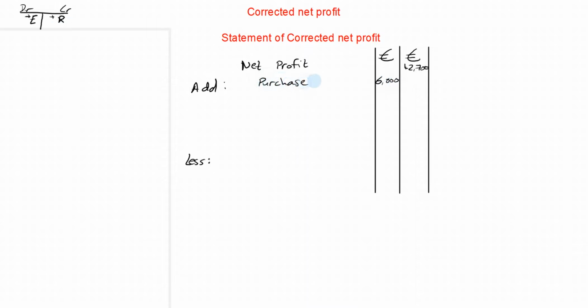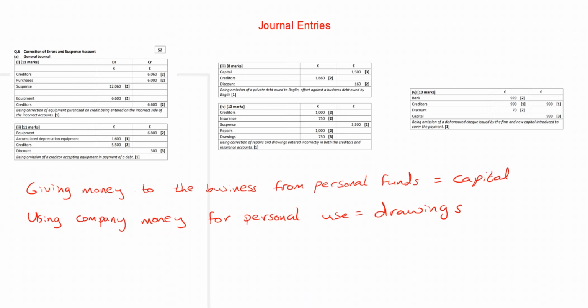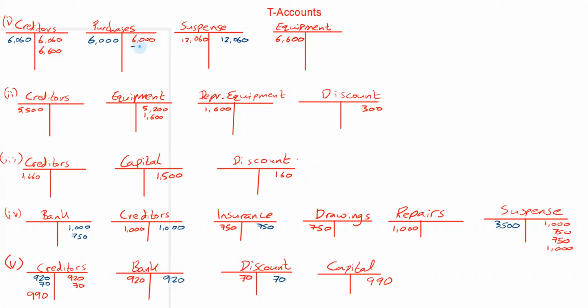Normally purchases would decrease our net profit, but because we made a correction to purchases, what happened in that adjustment is we incorrectly put purchase of equipment as purchases for resale. That means we added 6,000 to purchases, so now we have to take it away because it shouldn't have been in there.